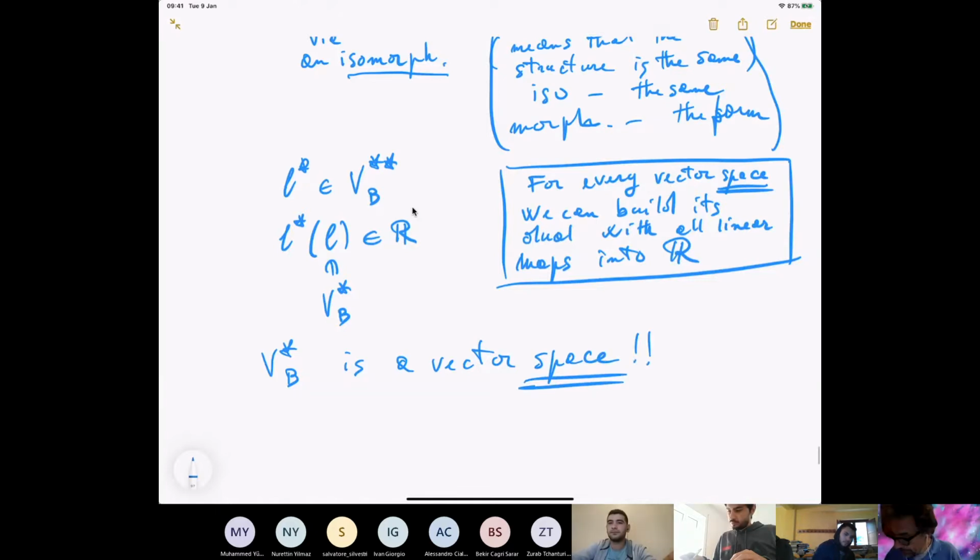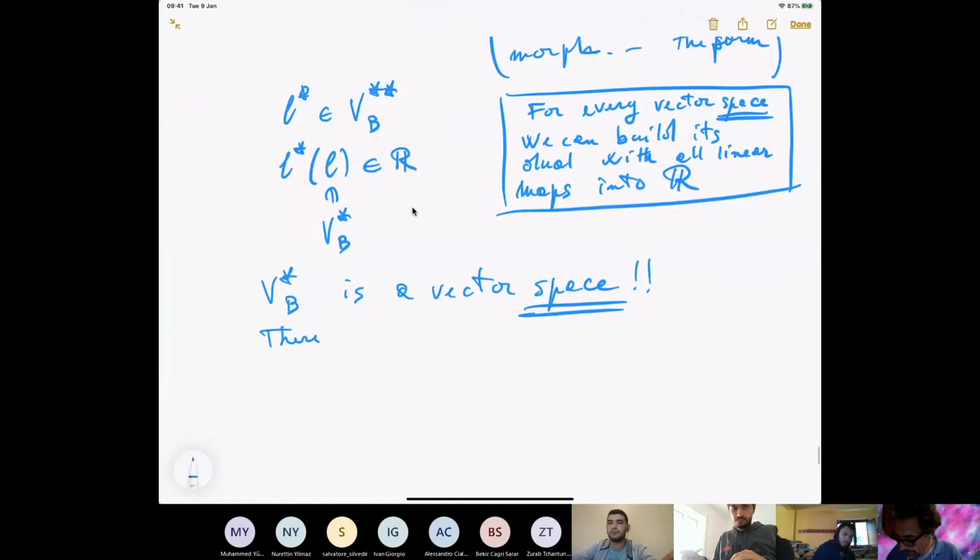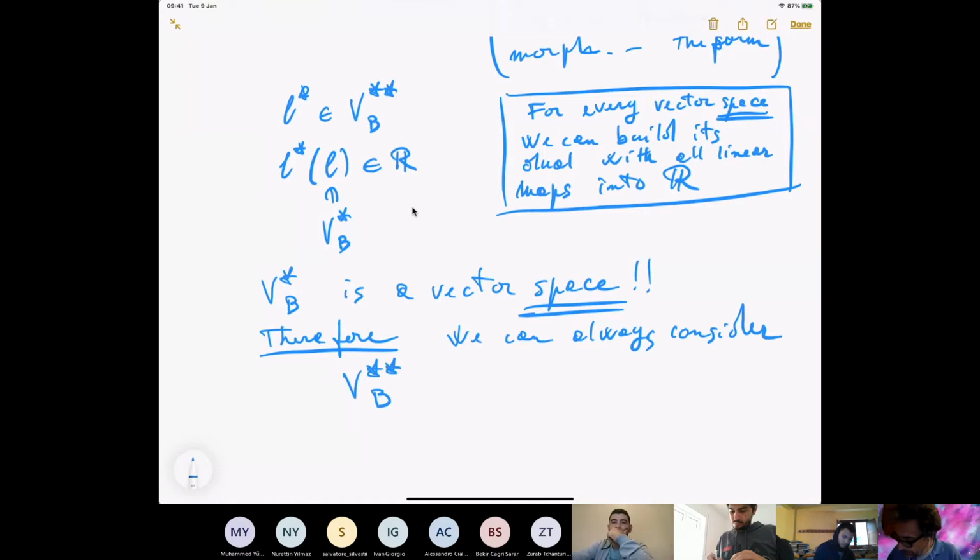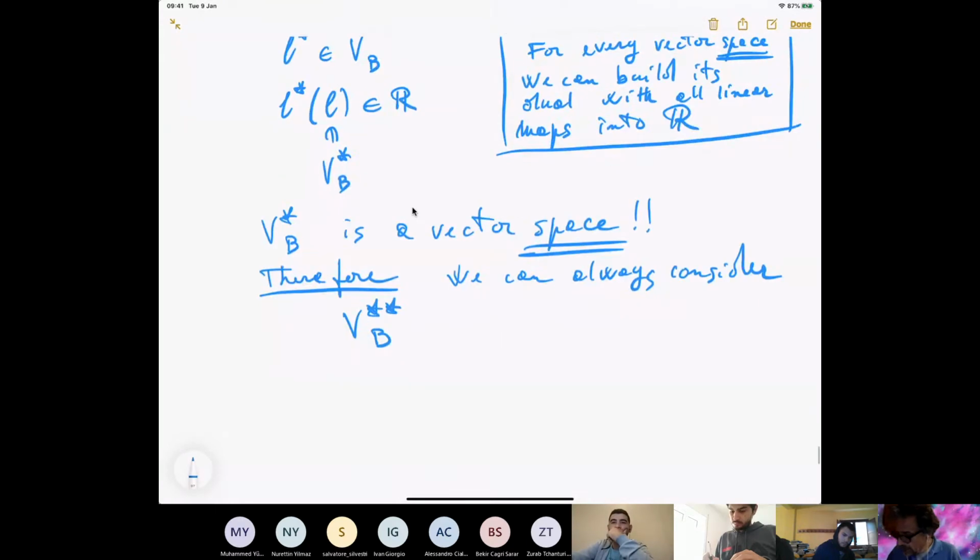Therefore, we can always consider V star star B. So there is nothing strange in this.